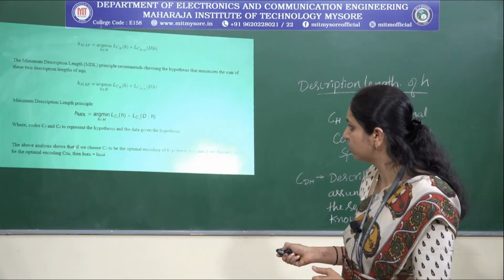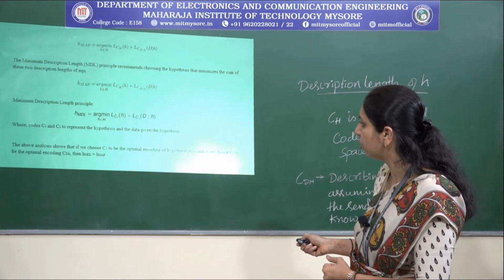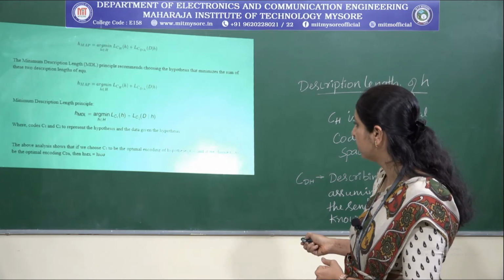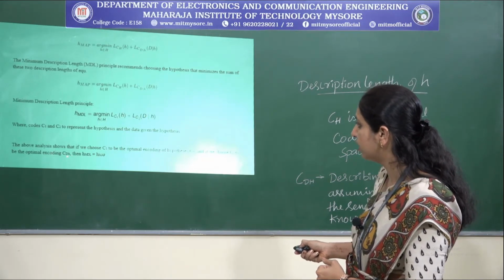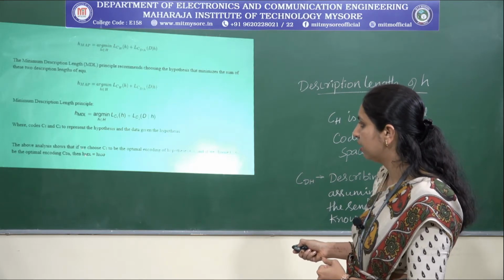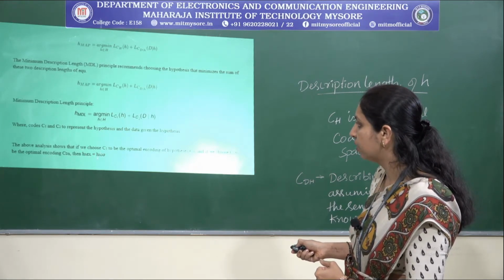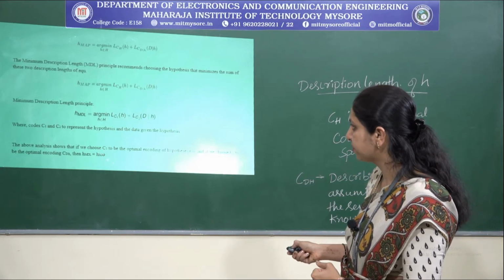The above analysis shows that if we choose C1 to be the optimal encoding of hypothesis C_H, and if we choose C2 to be the optimal encoding C_{D|H}, then H_MDL will be equal to H_MAP.